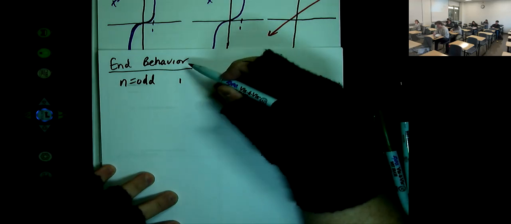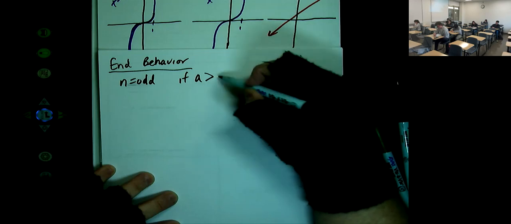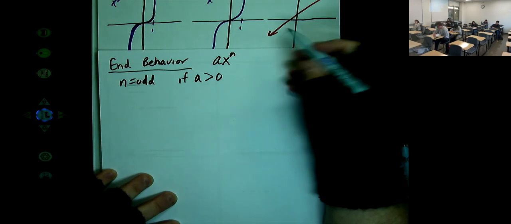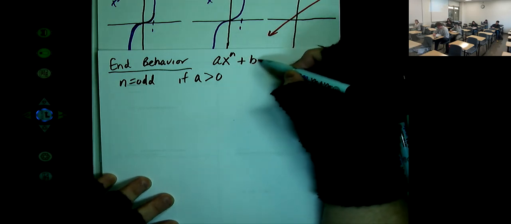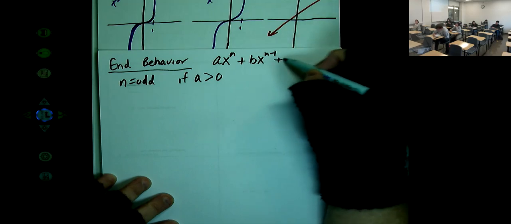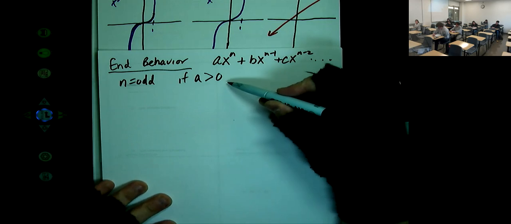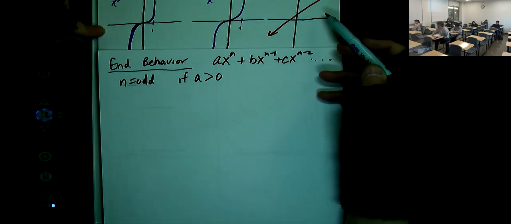If A is greater than 0, and A is the coefficient on x to the n. Like I could have ax to the n, bx to the n minus 1, cx to the n minus 2, dot, dot, dot. If A is greater than 0 and n is odd, I have these type of circumstances right here.